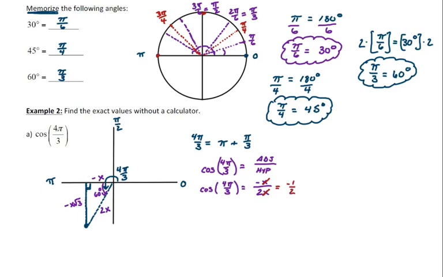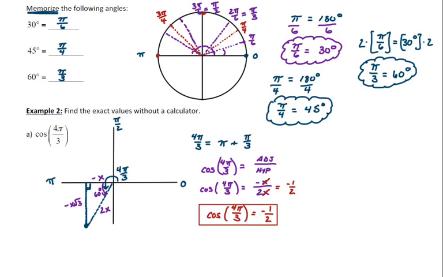So cosine of 4 pi over 3 is negative 1/2, and that's not dependent on the circle we're talking about, because the radius and the hypotenuse could have been any number. Because there's a relationship between all three sides, the radius would reduce. You can verify that by putting it in your calculator, and you would see that it's negative 1/2 as the cosine value.